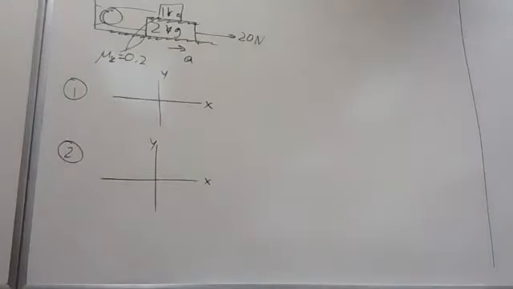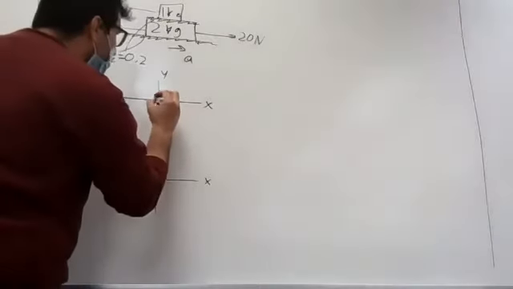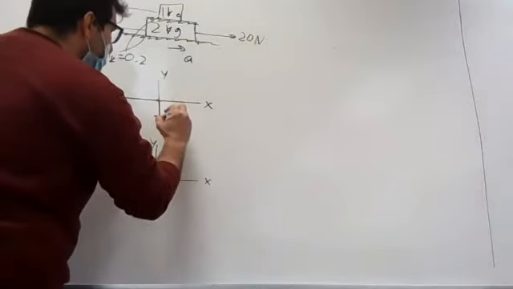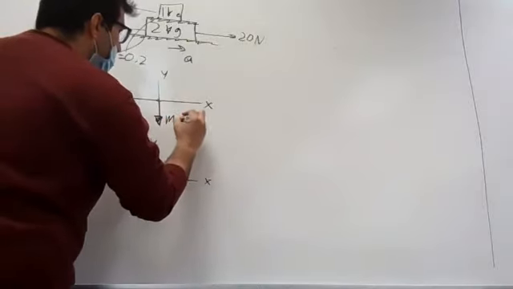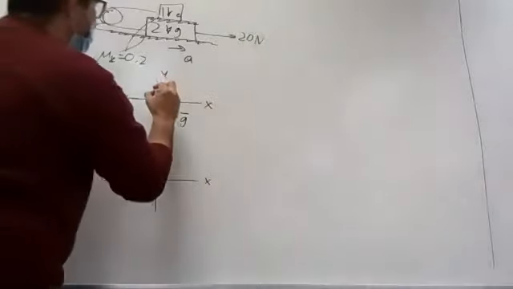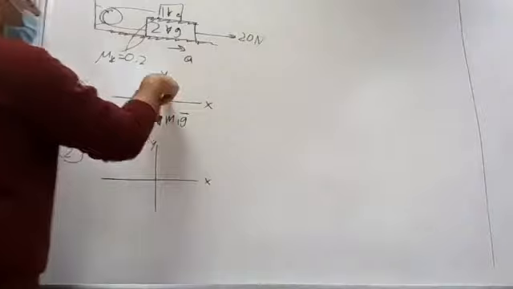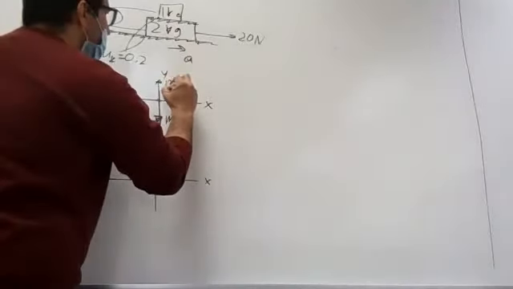Okay. I think starting with block 1 is probably the best bet. So let's do M1 first. So we have M1G down. Okay, and then we have an N1, but who is exerting the normal force? This is N of 2 on 1.